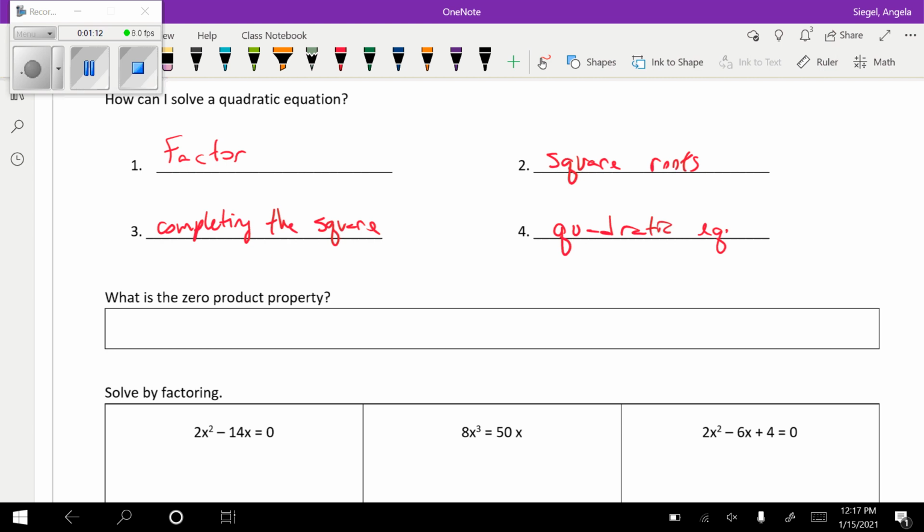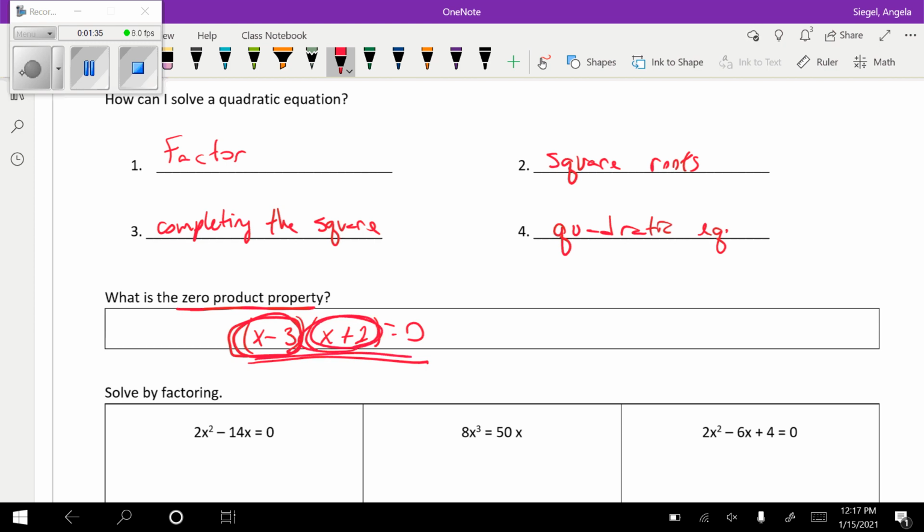You probably also talked about the zero product property. So let's pretend that I was able to factor, and I got x minus 3 times x plus 2. So what the zero product property says is that if I set this equal to 0, the whole thing is 0. And likewise, if I set this equal to 0, the whole thing is 0.